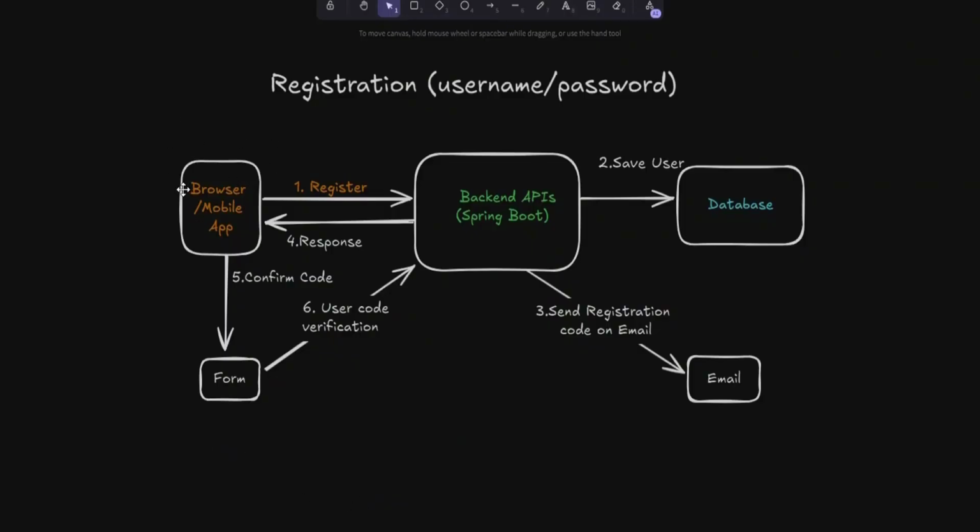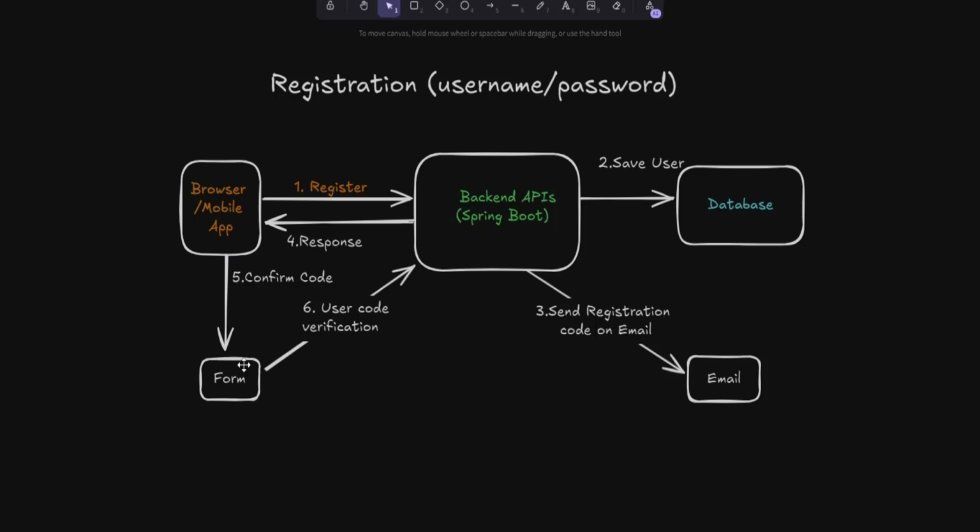So this is just a basic flow diagram for the registration API. Let's say it's a mobile or browser application. First it will call the backend API to register a user. Then the backend APIs will do some processing and save the user in the database. Then in the third step it will send the registration code by email and also send the response back to the browser to display the confirmation code screen.